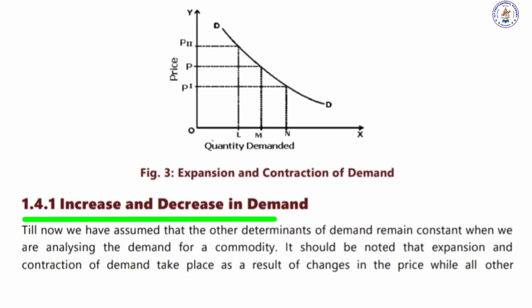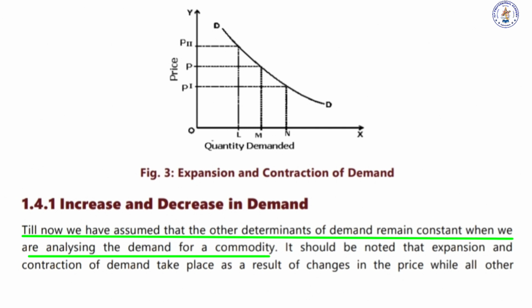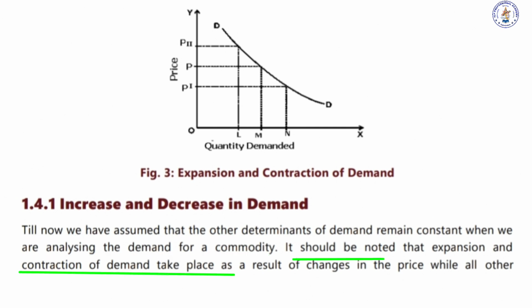Now increase and decrease in demand. We assumed earlier that the determinants of the demand of a product remain constant, and we study only the increase or decrease in the price of the product at a given period of time.